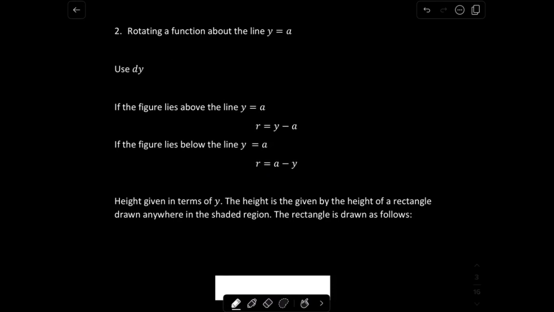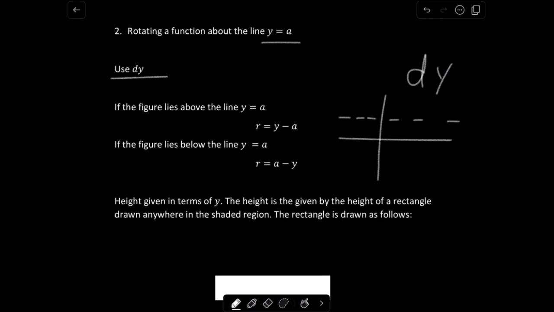Case 2 is where we rotate a function about the line y is equal to a. So now we're doing about y is equal to something. Surprise, surprise, we are going to use dy, so we're going to integrate with respect to y. Now, let's take a Cartesian plane and say here's my axis of rotation. The figure is no longer going to lie on the right or the left of this line.